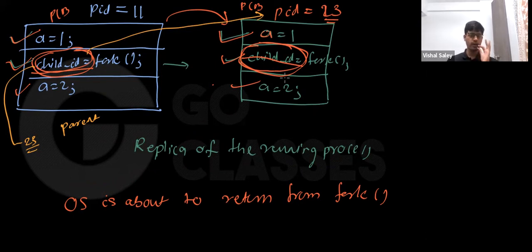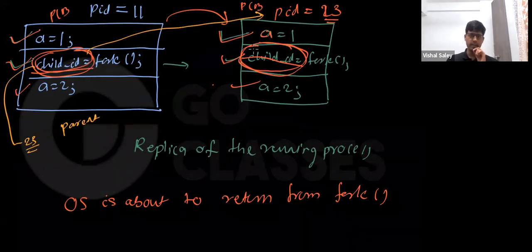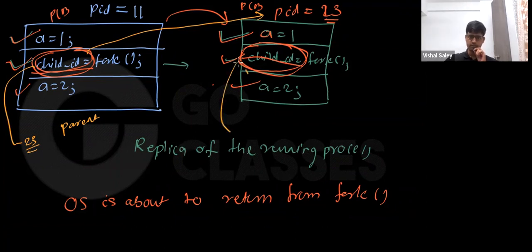Now the fork system call returns in both of these processes, because the new process is an exact replica of the original one. In the original process, which initiated the fork system call, the value it returns is the process ID of the child, which is 23. So here it returns 23, and in the newly created process, this will return 0. That's how the fork system call works. Is this understood?